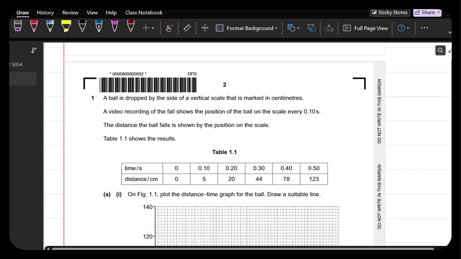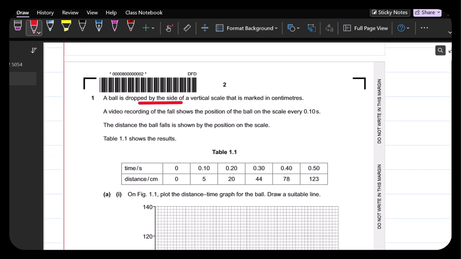A ball is dropped from a height, you can say the ball is dropped by the side of a vertical scale that is marked in centimeter. So suppose here you are having a scale, meter rule you can say, and the ball is dropped along this.